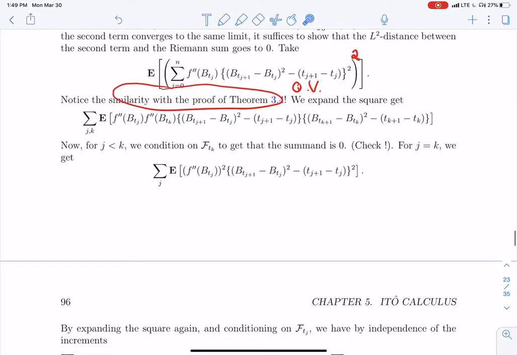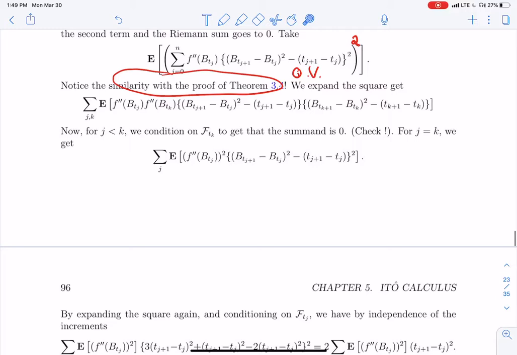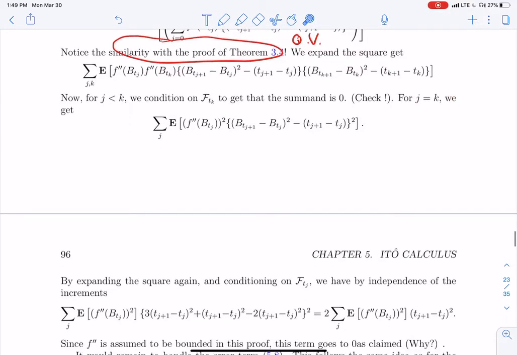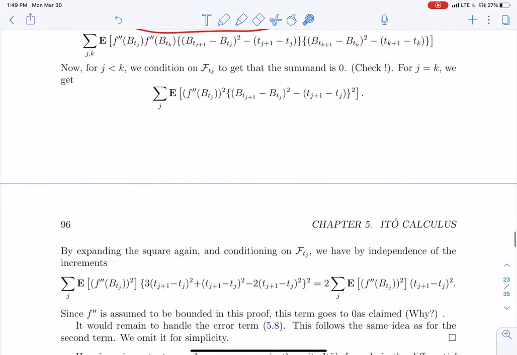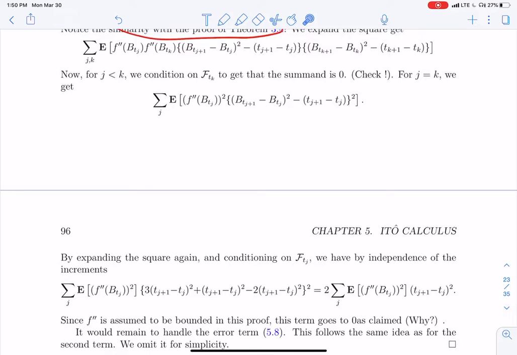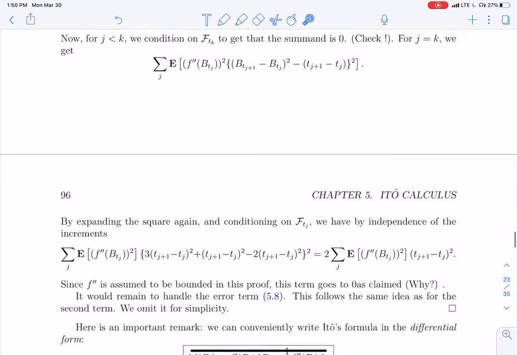Alright? So the only thing that matters, exactly like the quadratic variation calculation, is the term where j is equal to k. But when j is equal to k, you have to do the calculation explicitly.